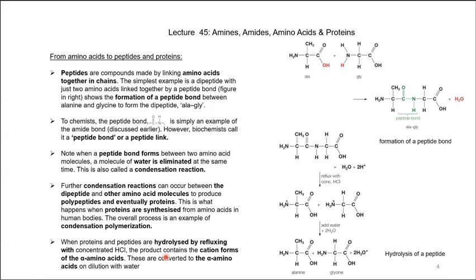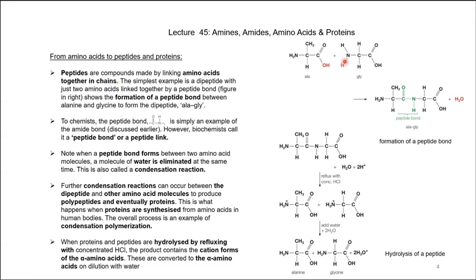Okay, we can make amino acids. From amino acids, we can make peptides and proteins. As I said, peptides are compounds made by linking amino acids together in chains.